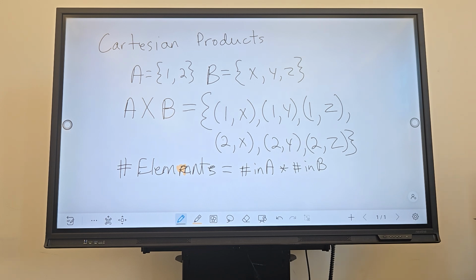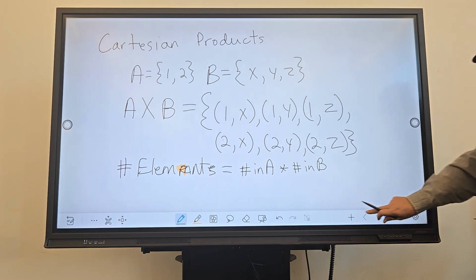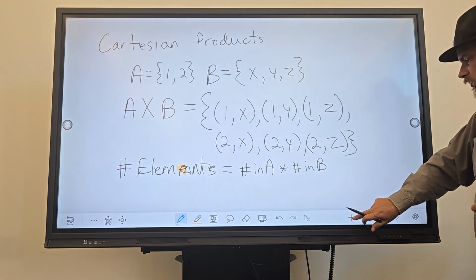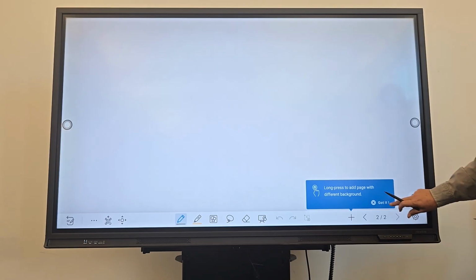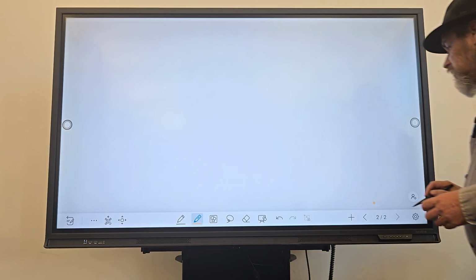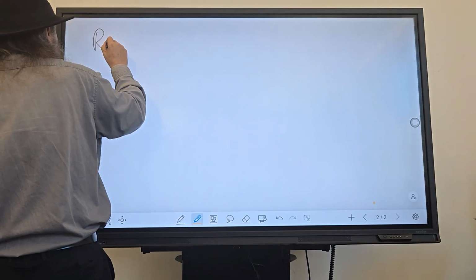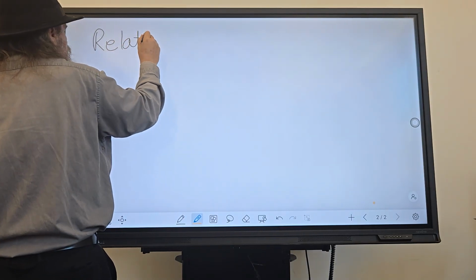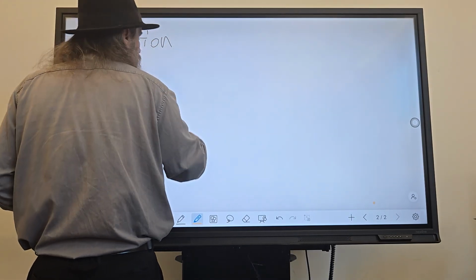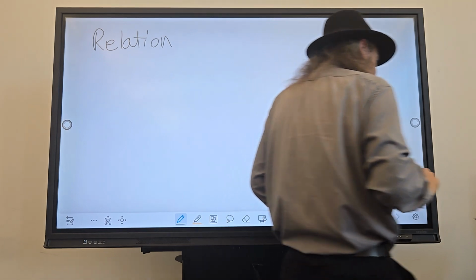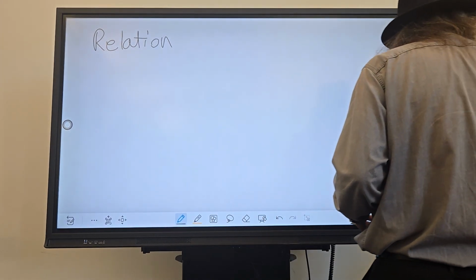Now, where Cartesian products come into play is in the area of relations and functions. A relation, say, let's see here, what's the example that they give here?